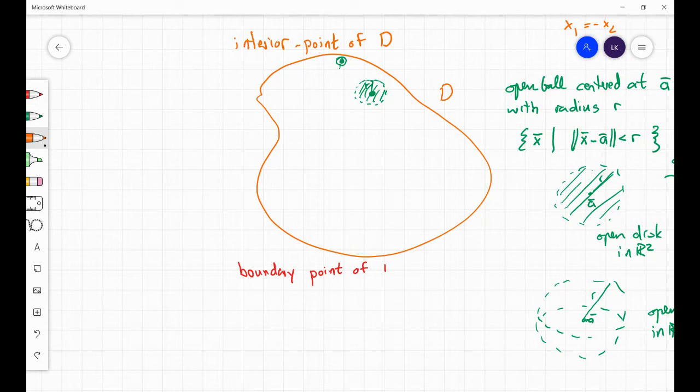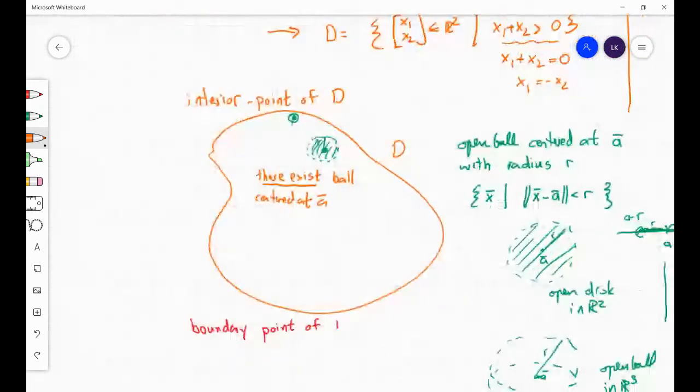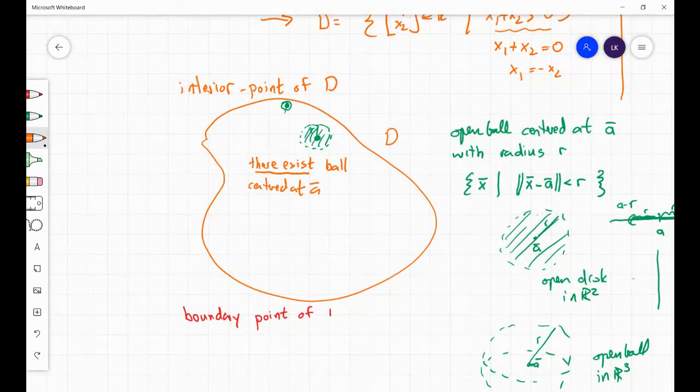So for an interior point, there's this important notion that there exists, so there's at least one small enough ball that's completely contained in your region.